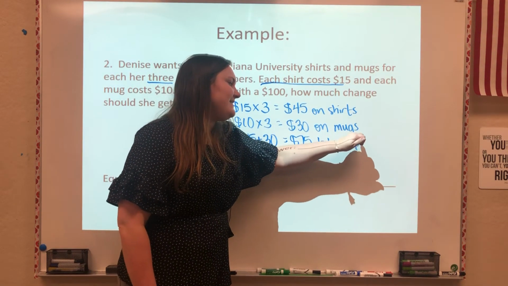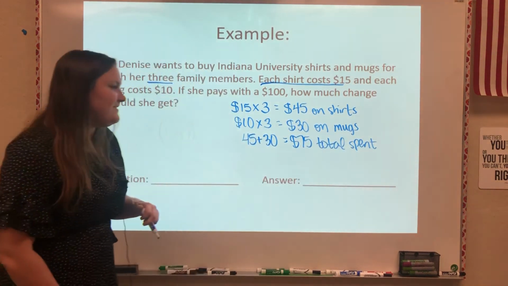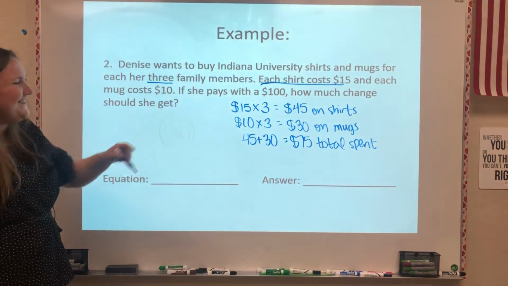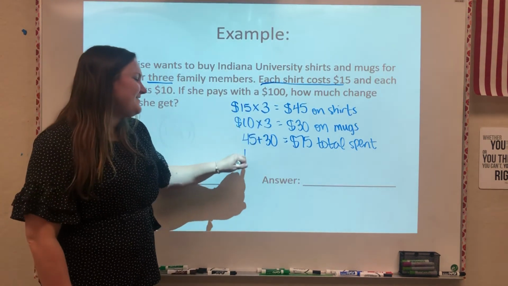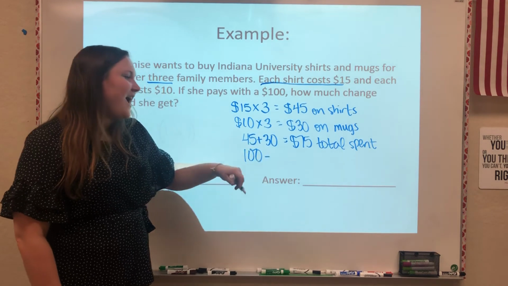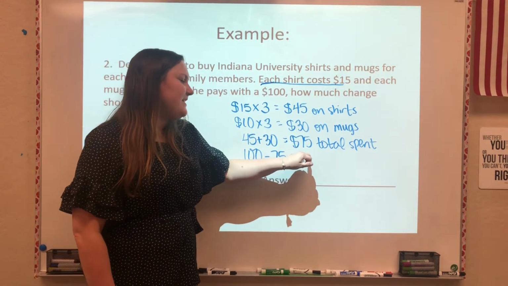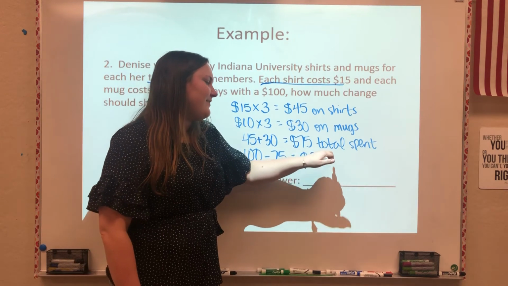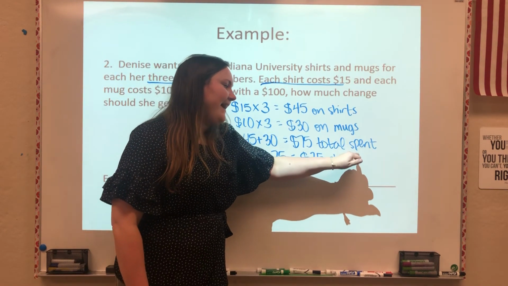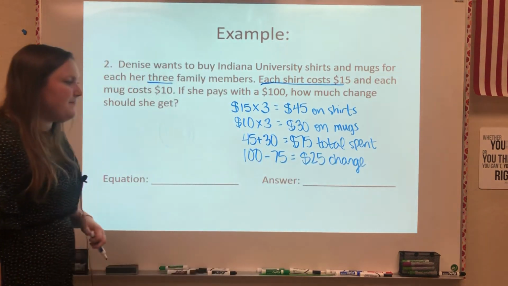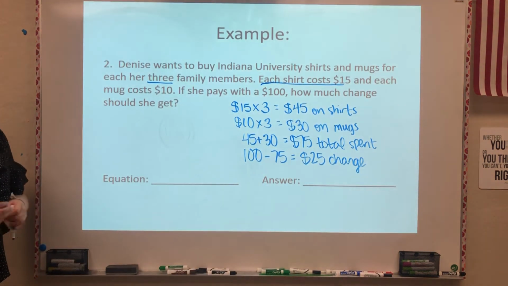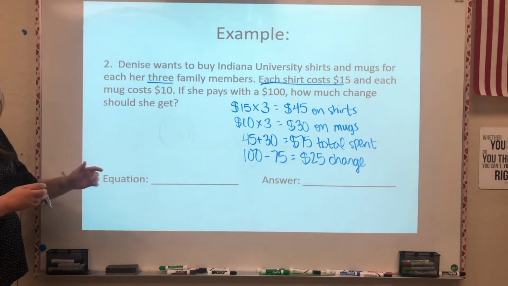So I'm going to say the $75 is the total she has spent. Then my last step is taking the $100 that she has, subtracting the amount of money she has spent, and that's going to tell me she should have $25 back as change. So in this problem, we've got 4 steps we were doing. Now I've already got the answer.